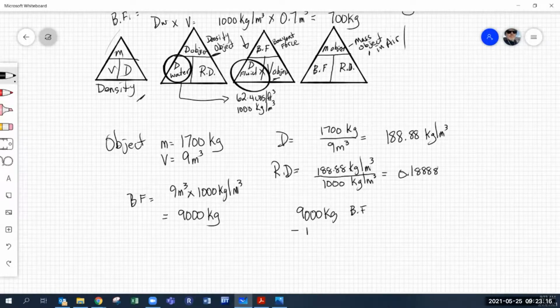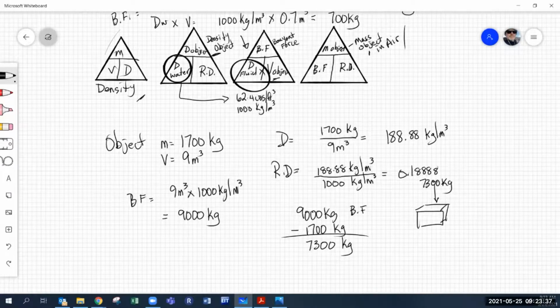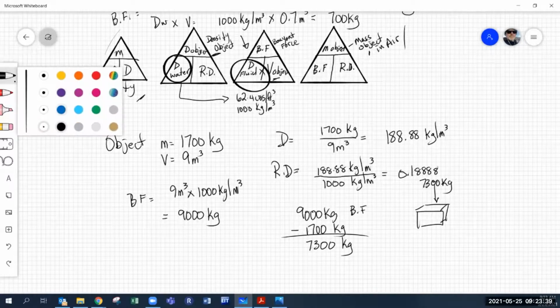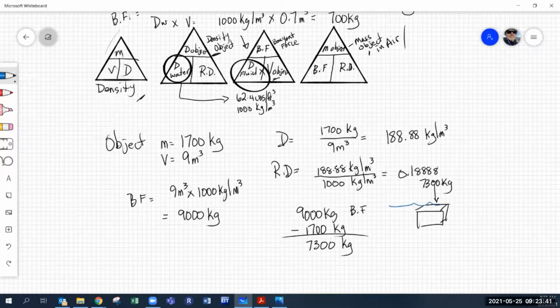The object weighs 1,700 kilograms itself. So that brings me up to 7,300 kilograms. I would have to push down 7,300 kilograms on top of it to get it to go under water.